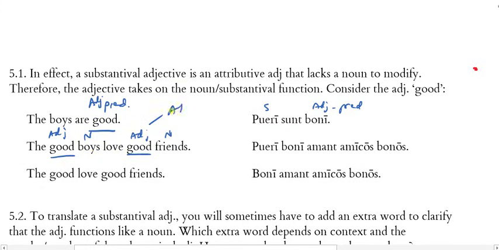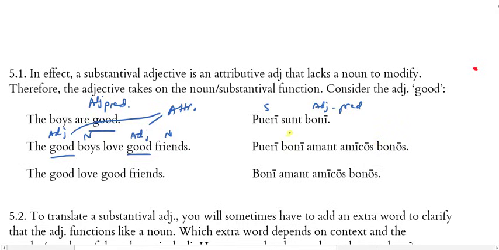So they tell you what kind of boys, what kind of friends. So they accompany the noun. And so in Latin, we see pueri boni, boys good, in the plural, good boys. Amant, love. And then in accusative case, amicos bonos, love friends good, love good friends.